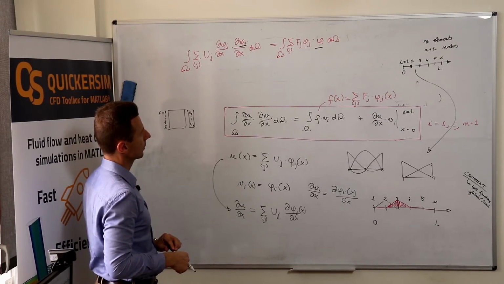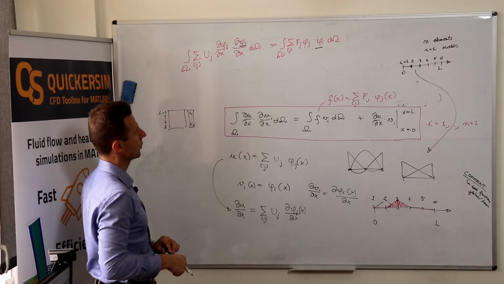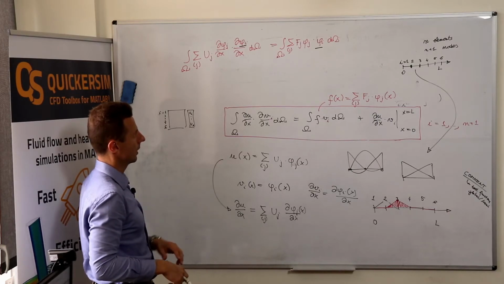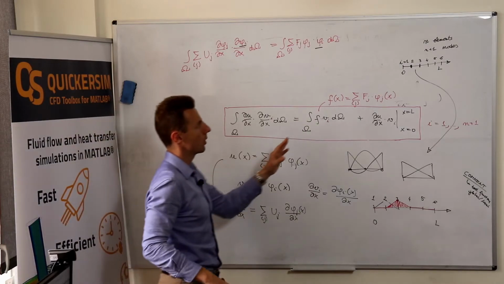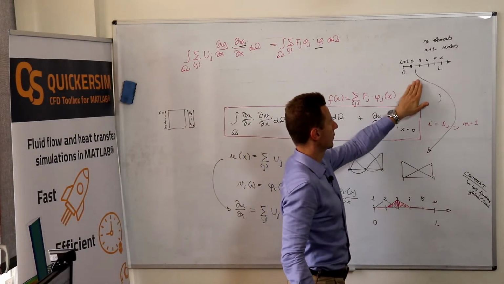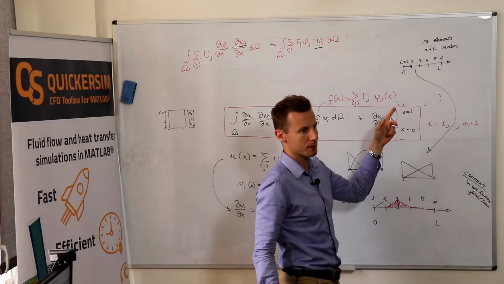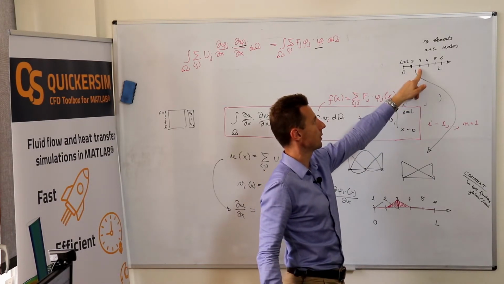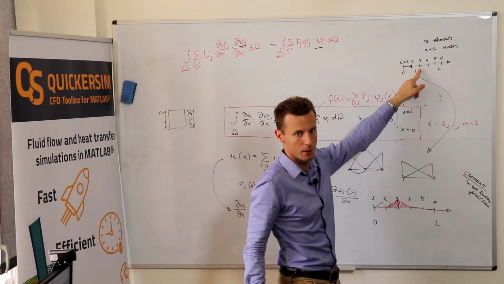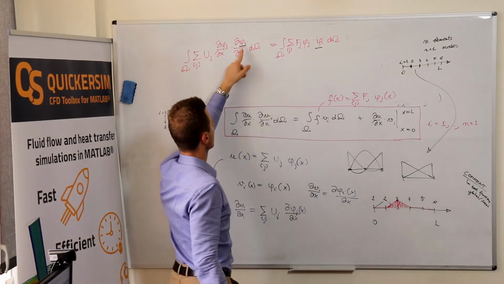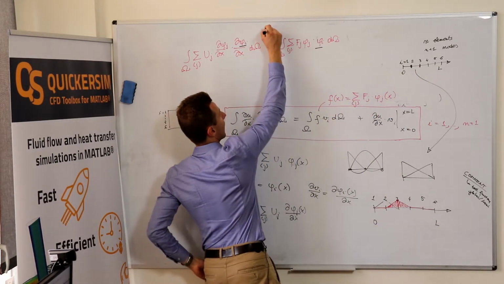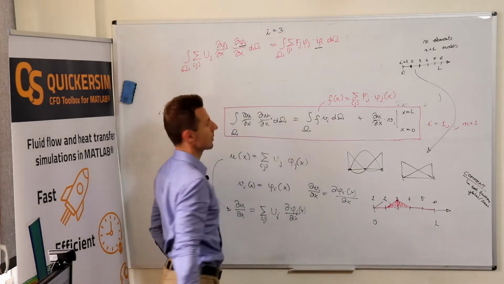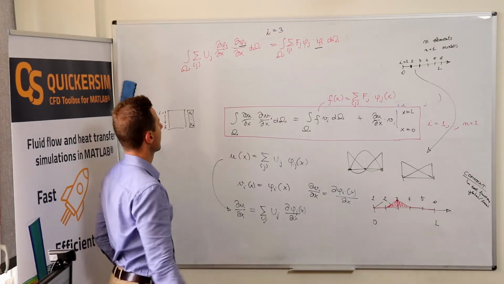Right now, let's see what we need to calculate. Let's imagine that we want to write the finite element discretized equation for the value at the third node. So let's select I equals 3. So I is already set.